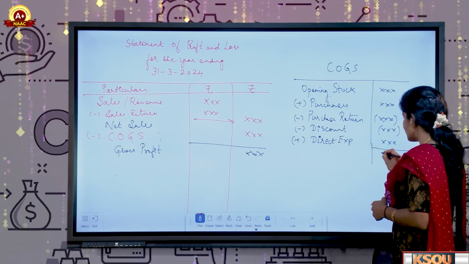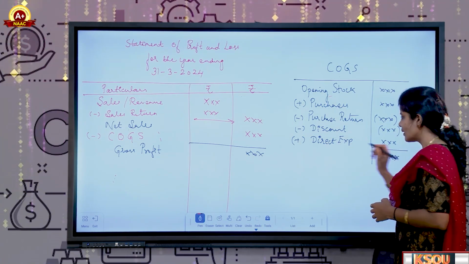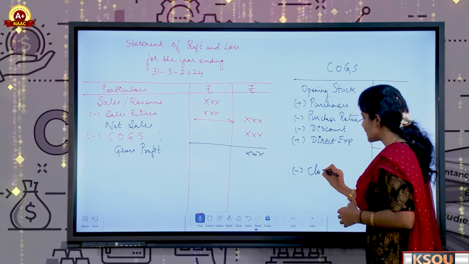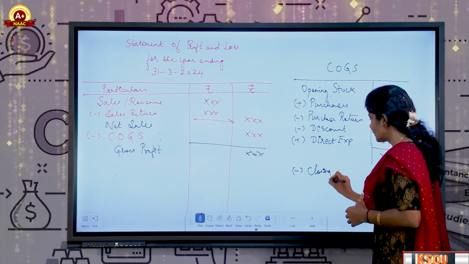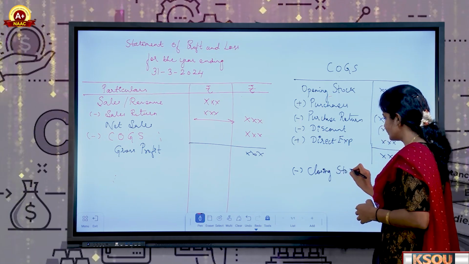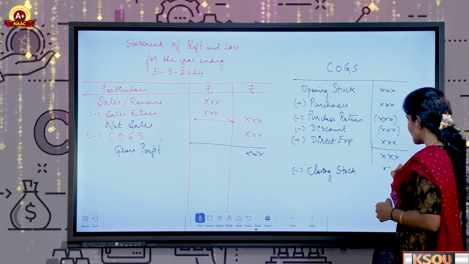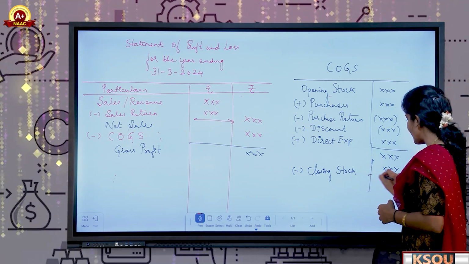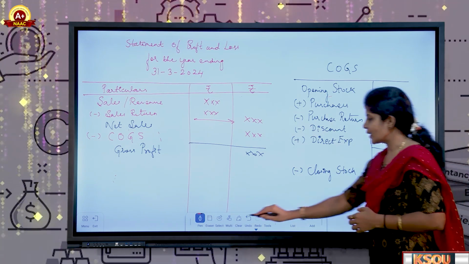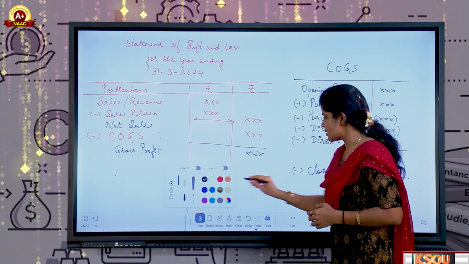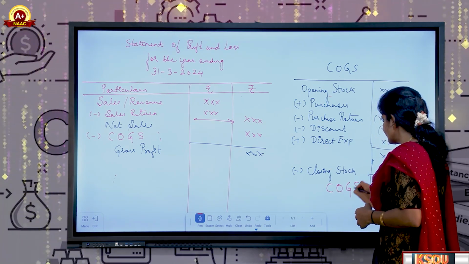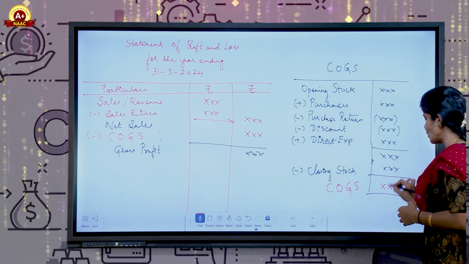If you add, from the balance what you get we need to deduct closing stock. If you deduct this closing stock, the balance is called cost of goods sold. This is called cost of goods sold.